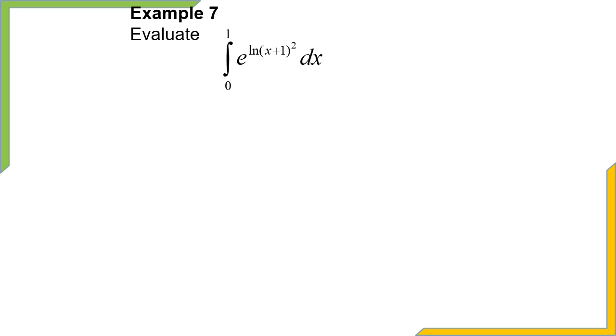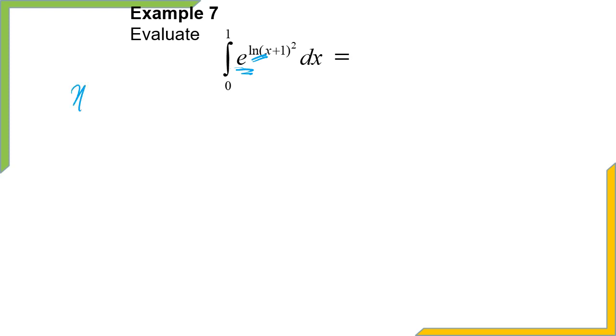So example 7. Integrate e to the power of natural log of x plus 1, all squared, with respect to x from 0 to 1. The first thing is that we have a base of e and a power of natural log, which is log to the base e. So we can use the properties of logarithms to solve this type of question. What is this equal to?